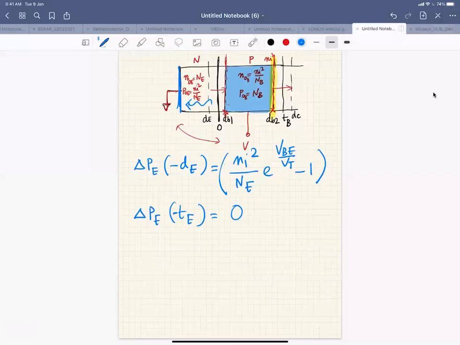So again we have to write this equation.